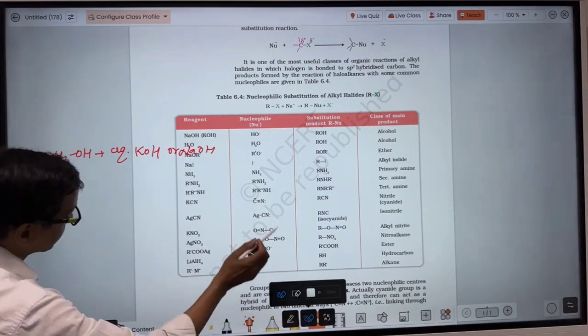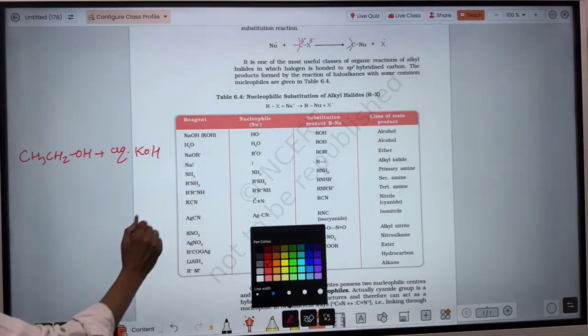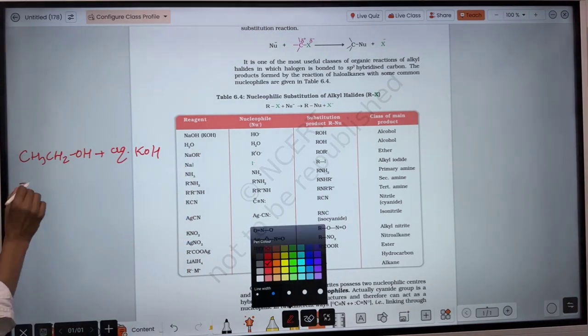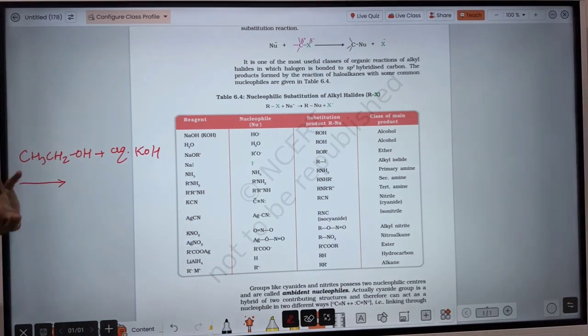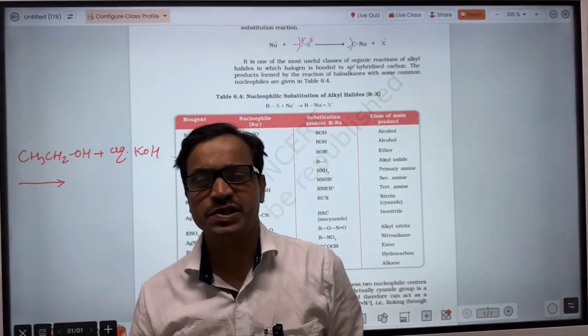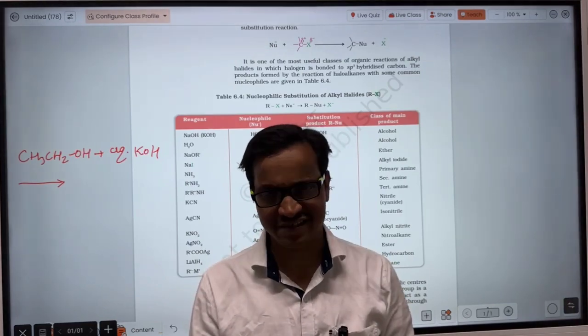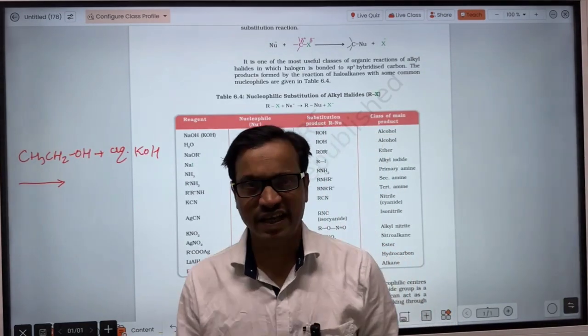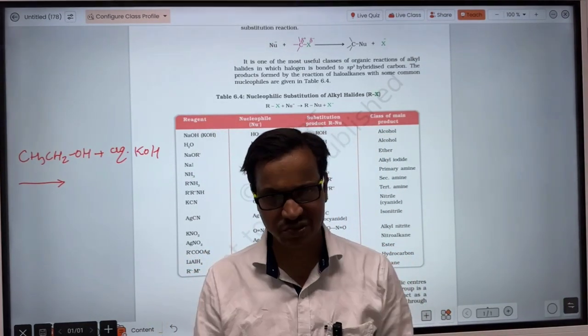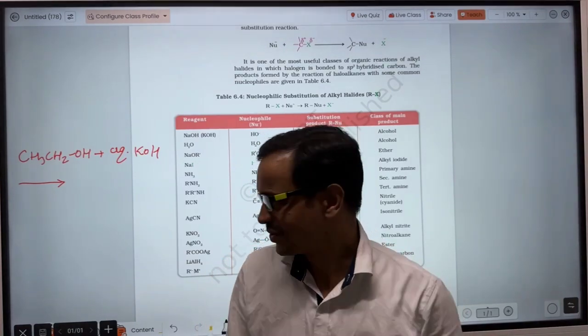I am taking KOH here because the process is the same. In aqueous state, the KOH will dissociate into K plus and OH minus, and the NaOH will dissociate into Na plus and OH minus.